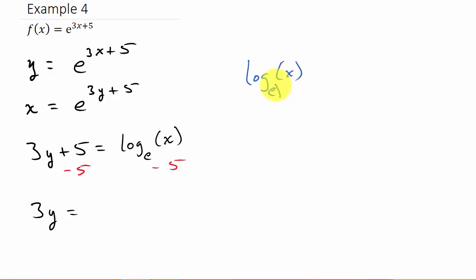Do you remember when you're dealing with logarithms, log base e is what? Let me write that a little better. Is natural log. Remember that? So I'm going to rewrite this log x base e as natural log x minus 5.